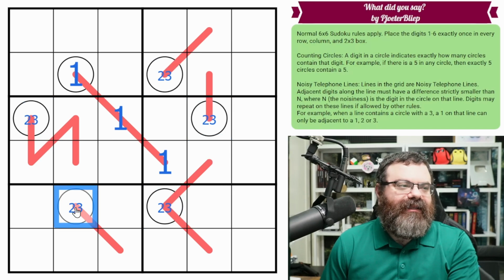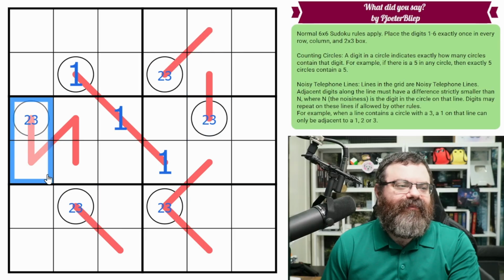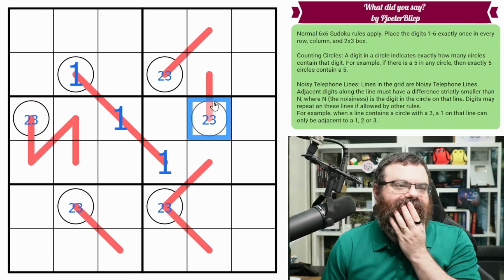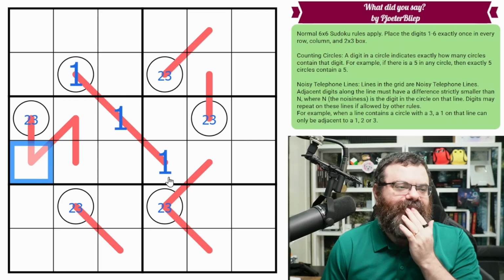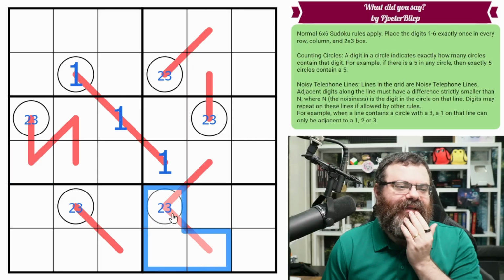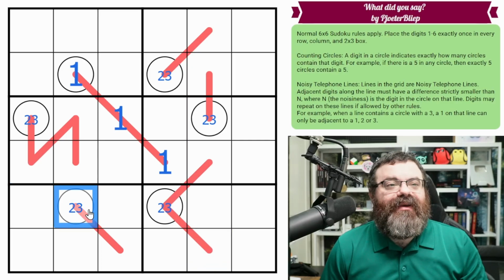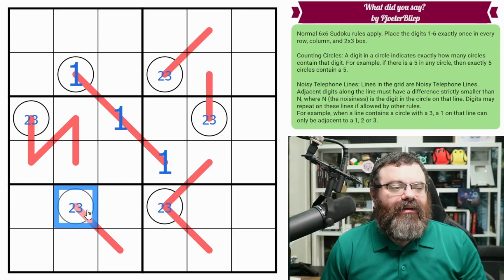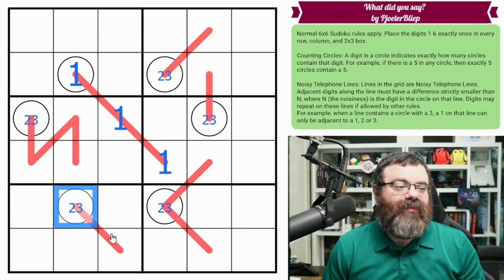Now, all of these have a non-repeat on the digit next to the circle, except for here. But here it does. And so when we put a 2, we'd have to put a 1 or a 3 next to it because that's a difference of at most 1. So we have to go consecutively along the line with a 2 on it.